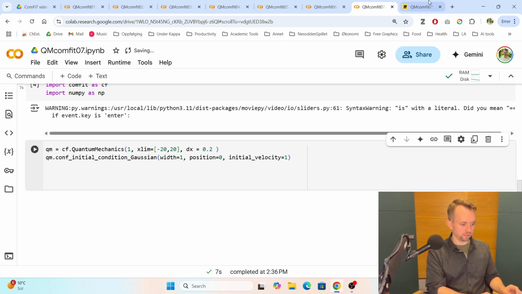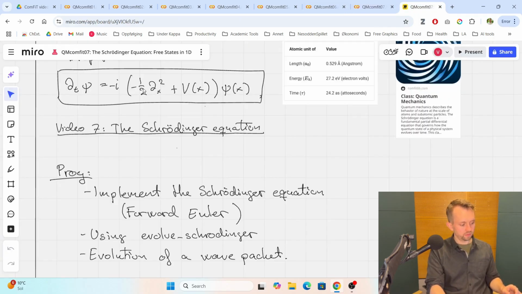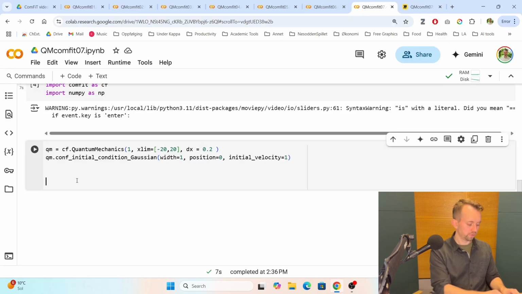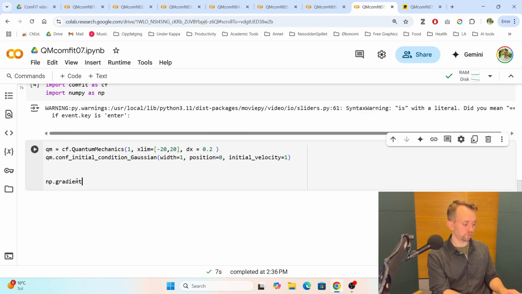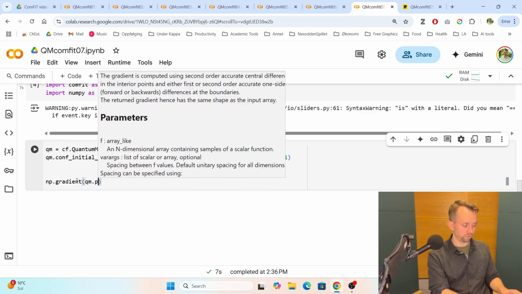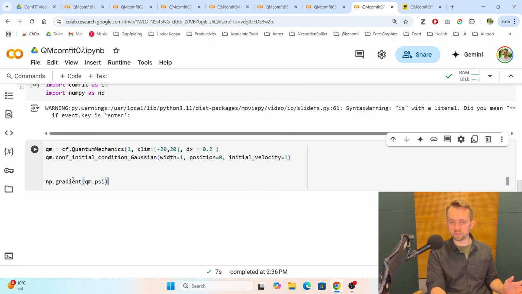What we see here is that this dx squared is taking the Laplacian, or the derivative twice, of psi. One way to do that using NumPy is to take the gradient of qm dot psi, and we're going to take that twice, with dx as the spacing in the x direction.